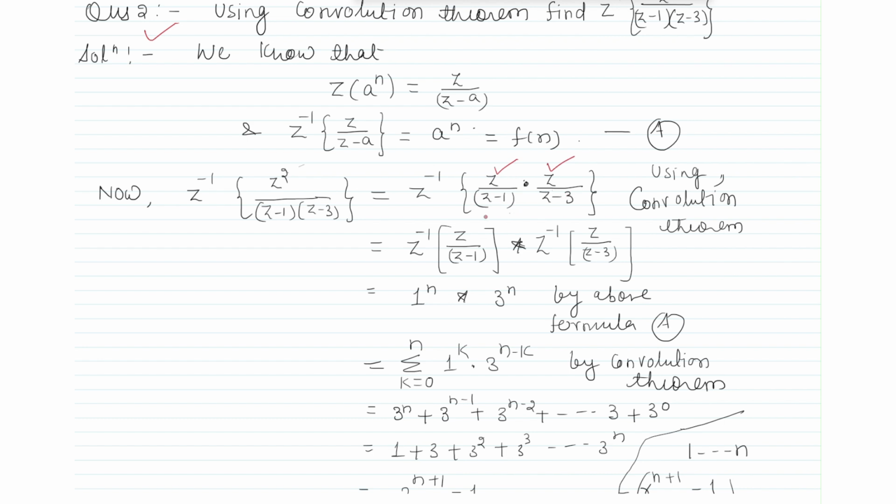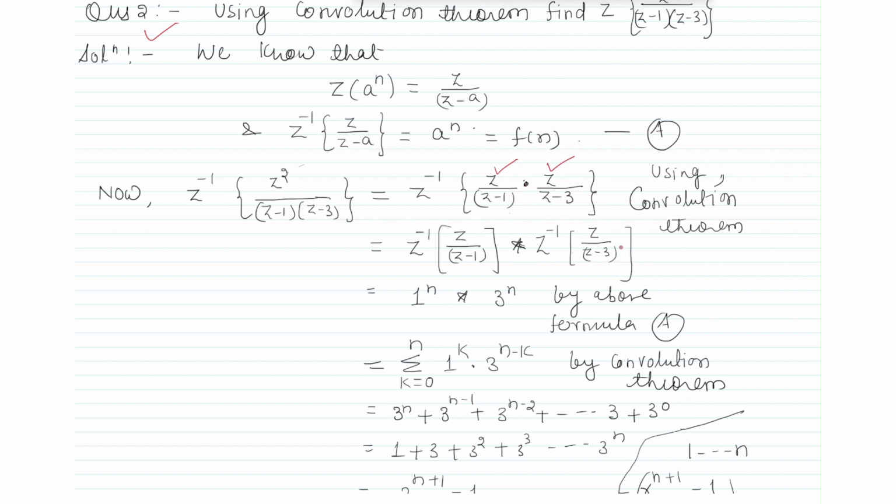So we'll just write the z inverse convolution formula. We'll just split this into two z inverse functions: z inverse of z upon z minus 1, this dot is replaced by star. Star means we are convoluting these two sequences, z inverse of z upon z minus 3.